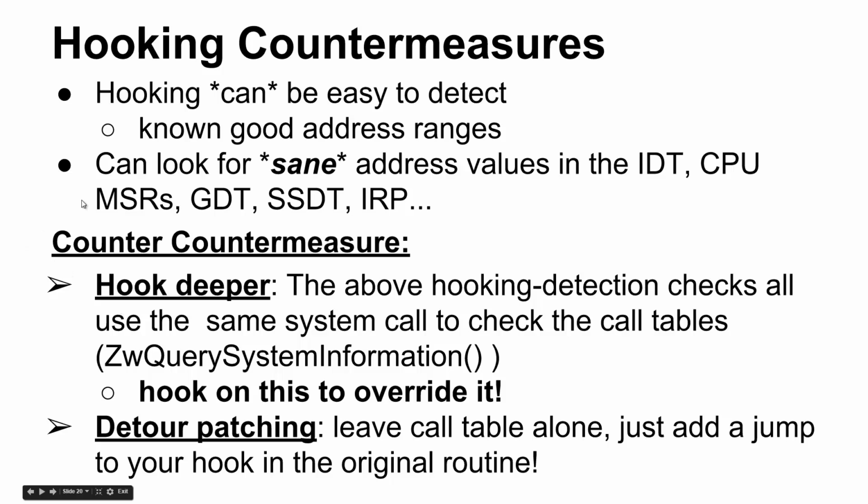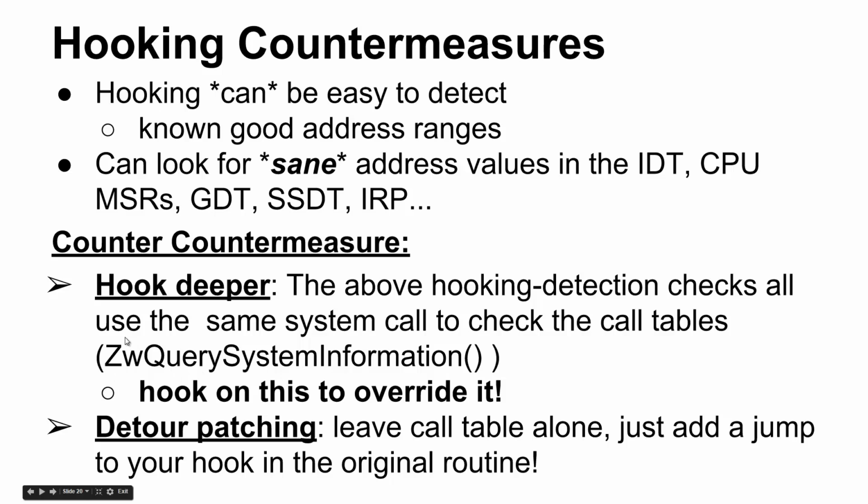The way to get around this countermeasure is to either hook deeper or to do detour patching. So, hooking deeper: all of the above hooking detection checks typically use the same system call to check the system call tables, which is ZwQuerySystemInformation.